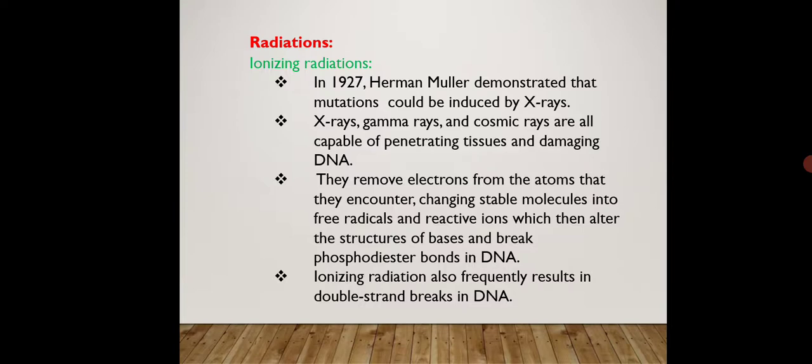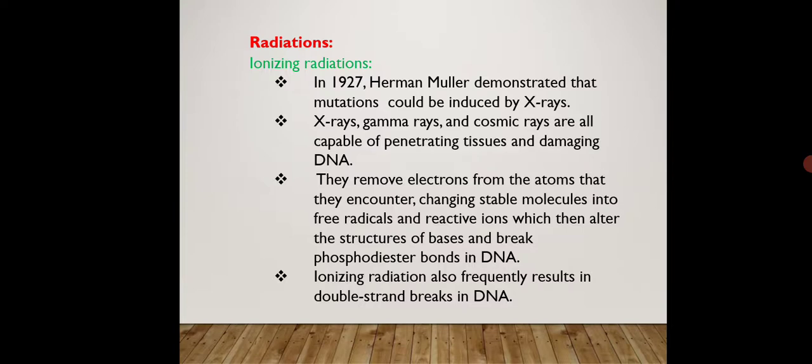What is ionizing radiation? These are electromagnetic waves that have sufficient energy to ionize the atom and detach the electrons from that atom. A well-known example of ionizing radiation is X-rays.